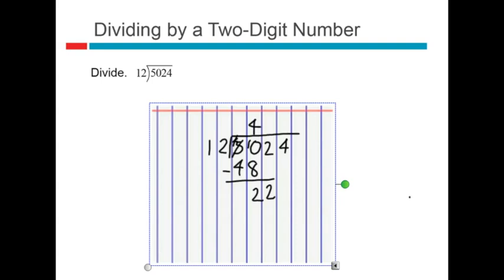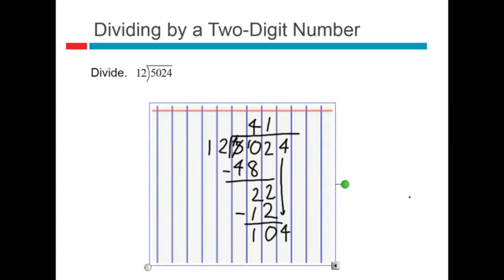So 12 doesn't divide 2 evenly, but 12 goes into 22 one time. So 1 times 12 is 12. We subtract 12. 2 minus 2 is 0. 2 minus 1 is 1. So we get a remainder of 10. And we bring down the 4 ones.